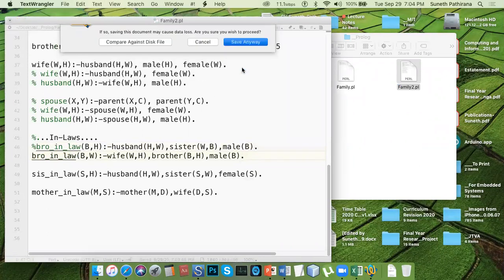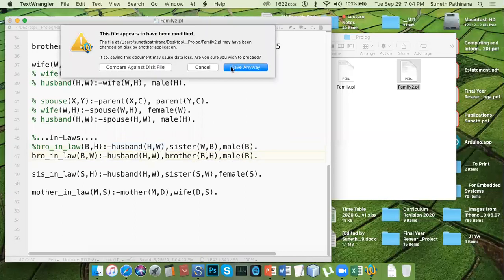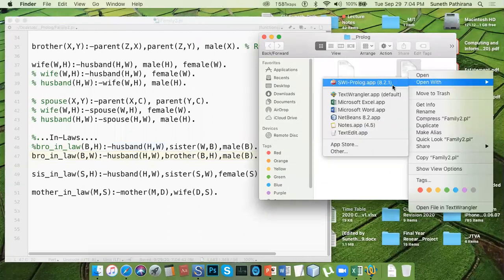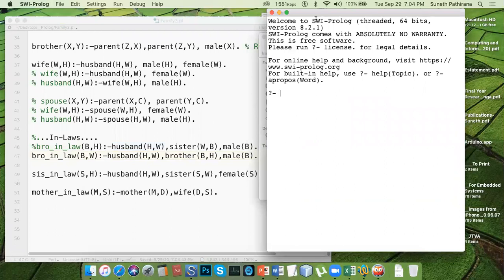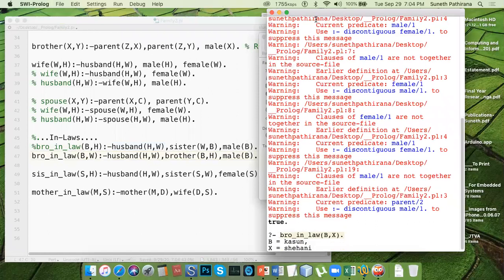Okay. Wife of which here, what is missing here? W wife. Shall we replace the husband relationship here? Check what's happening. Okay. Kasun, Shehani.